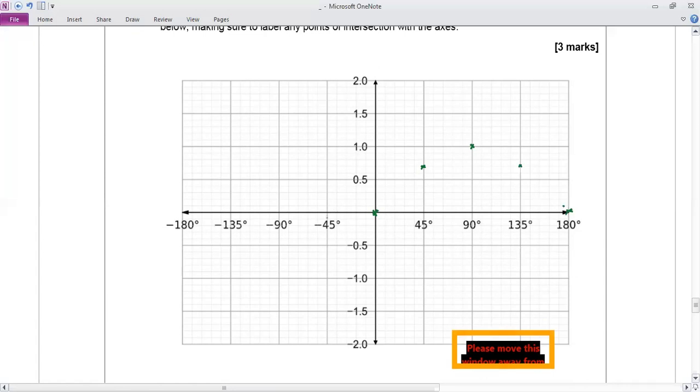Now for sine minus 45 degree, the value is negative 0.7. So almost here. Then for minus 90 degree, it is negative 1. For minus 135, it is again negative 0.7. For minus 180 degree it is 0. So I will just join them.